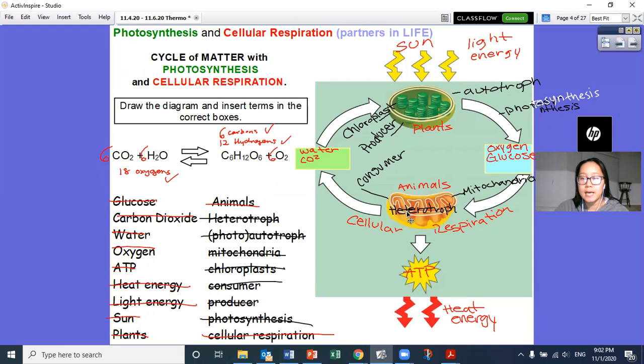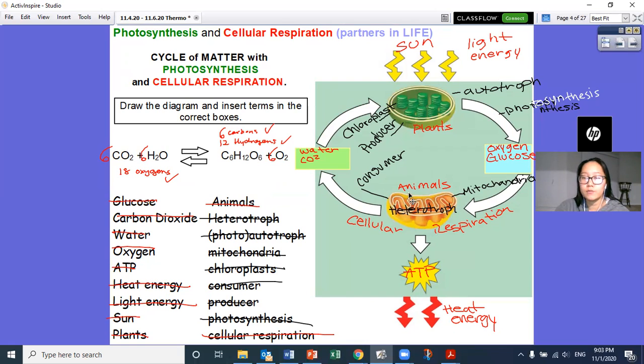And right here it says heterotrophs, but we know that not only heterotrophs do cellular respiration, but autotrophs also do it. Okay, so all living things do cellular respiration with mitochondria, but only some living organisms do photosynthesis with chloroplasts.